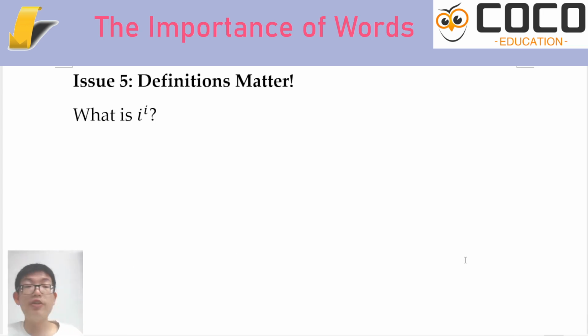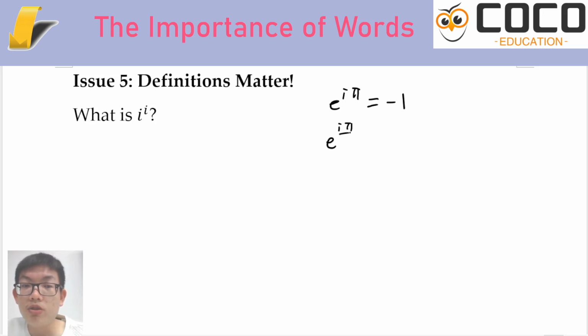I think some of you have seen this question before, if you have learned complex numbers: what is i to the power of i? This is a fun question, and I can give you an answer. If you remember that e to the i pi is negative 1 and e to the i pi over 2 is equal to i, these are pretty standard things.